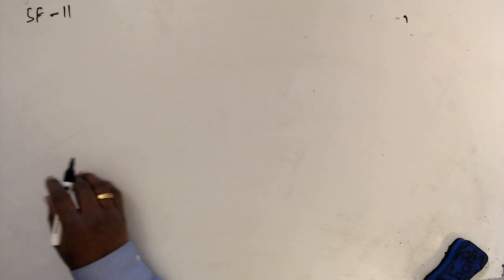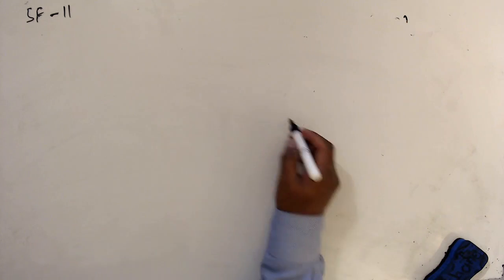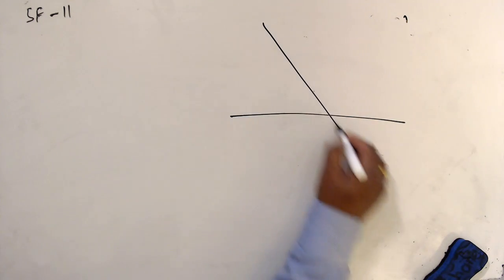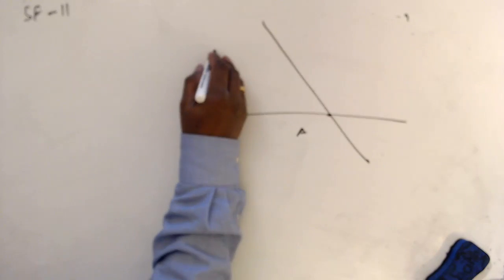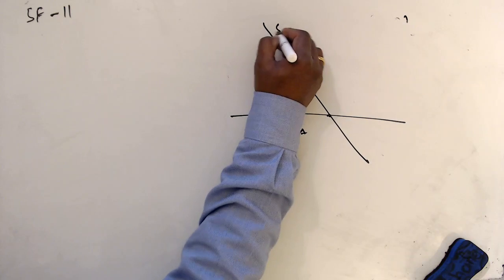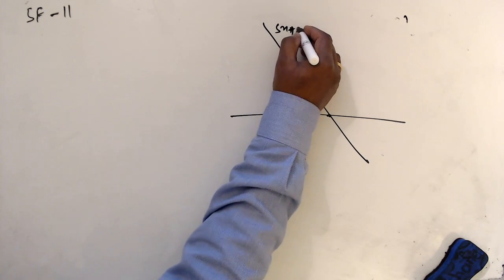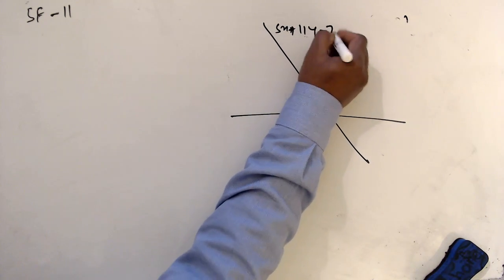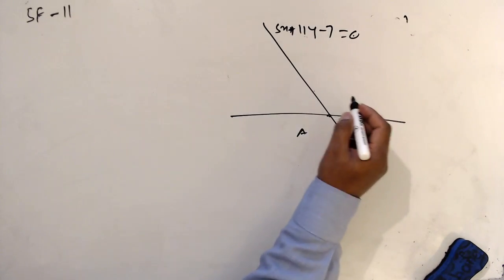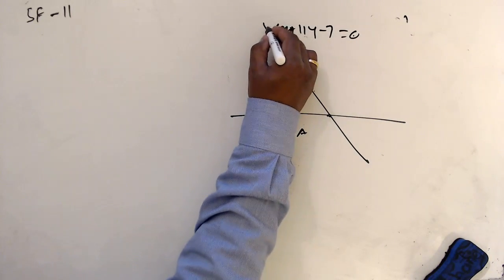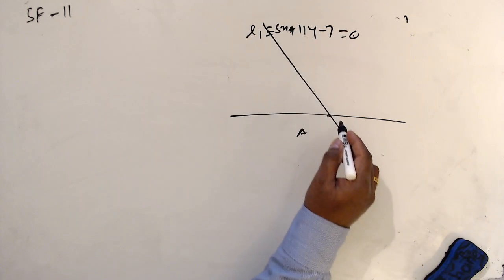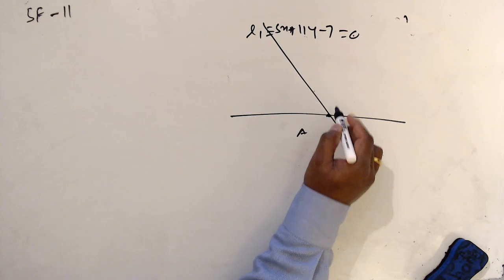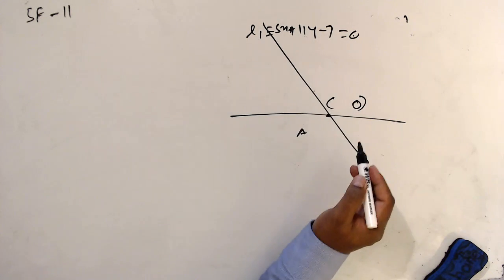Question number 11. 5x plus 11y minus 7 equals 0, which is L1, meets the x-axis at A. X-axis means the y value is 0.